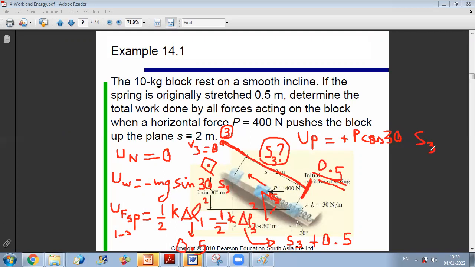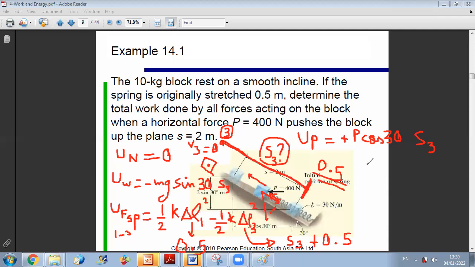So now I expressed the work of all my forces as a function of S3. And I know that at point 3, the block will stop. The velocity is 0. So to find the value of S3 for which the block will stop, I will apply the principle of work and energy.